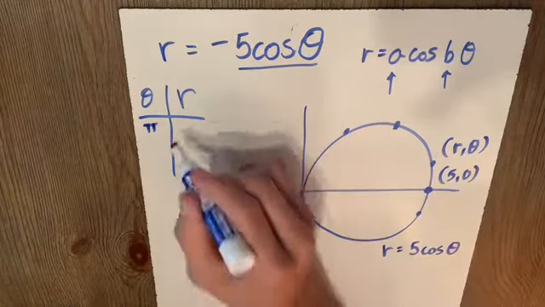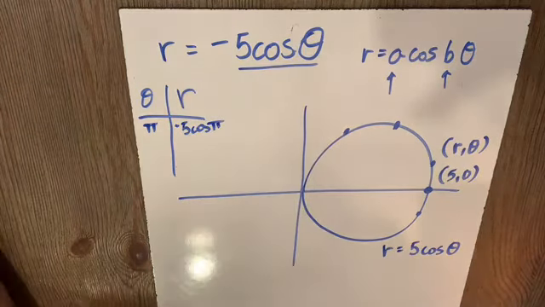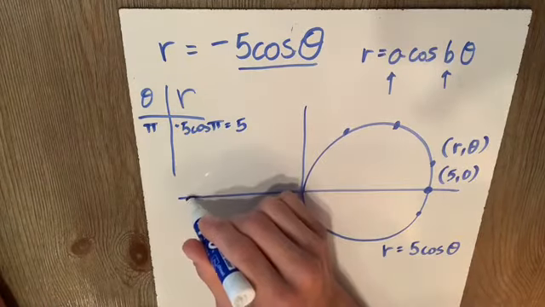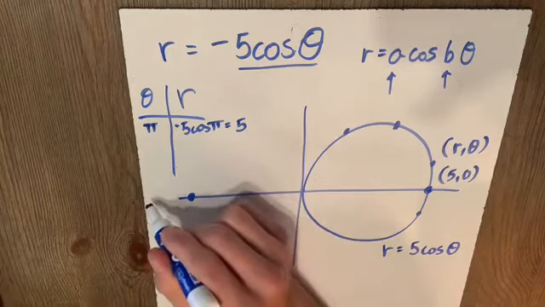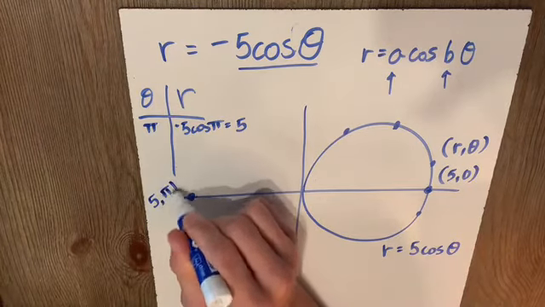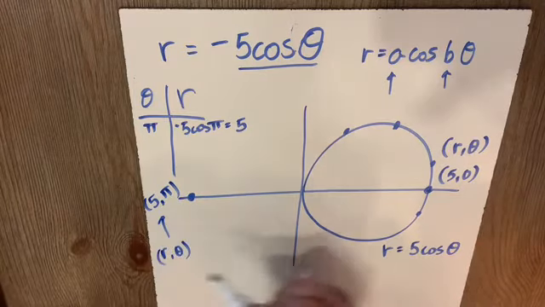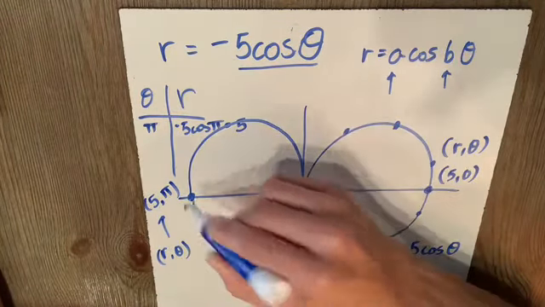We pick pi, so we have negative 5 cosine of pi. Well, what is cosine of pi? It's negative 1 times negative 5 is 5. So you can see that this point here, 5, 0, has become 5 comma pi. Remember, that is r comma theta. And if I kept on picking points, I would come up with this shape here.